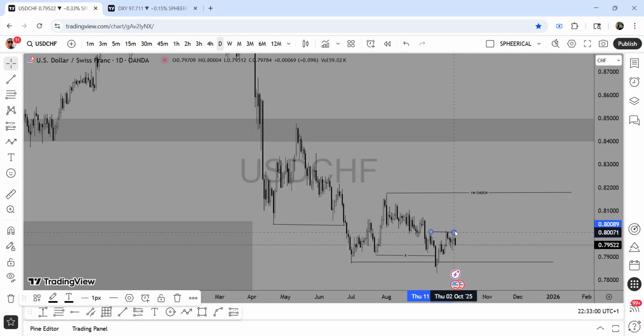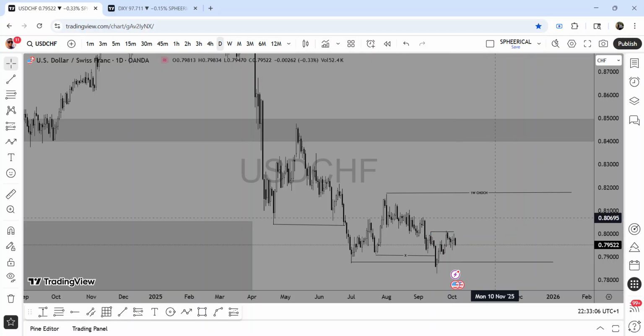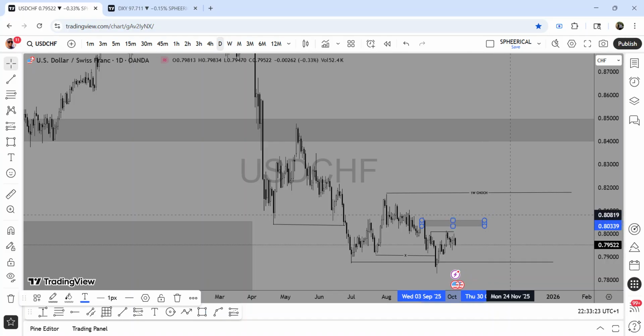Then we can also see that there is a supply zone above this point, which is this point. It's still a valid supply zone because it caused a break of structure and the market has not tested on it. You can see it clearly.